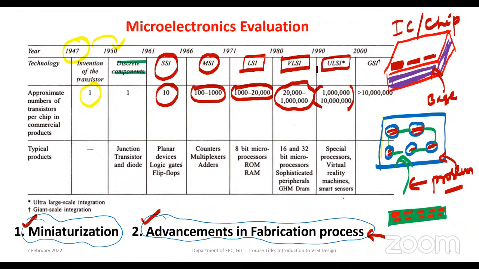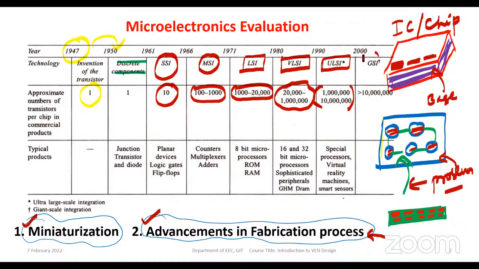If the fabrication process does not allow us to do this kind of miniaturization, it is not possible to move from one IC classification to another IC classification. Okay, so miniaturization and advancements in the fabrication process play a crucial role to move from one integrated circuit to another integrated circuit.